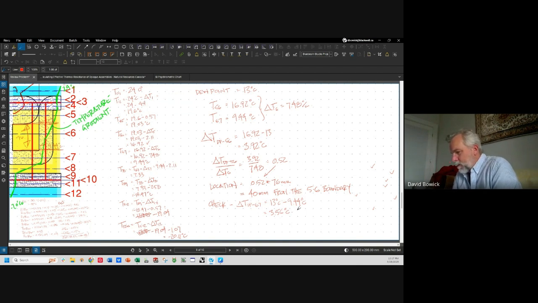So from the dew point to the 6-7 boundary is 3.56. Delta T from the dew point to the 6-7 boundary over delta T in layer 6 equals 3.56 over 7.48, which is 0.48.